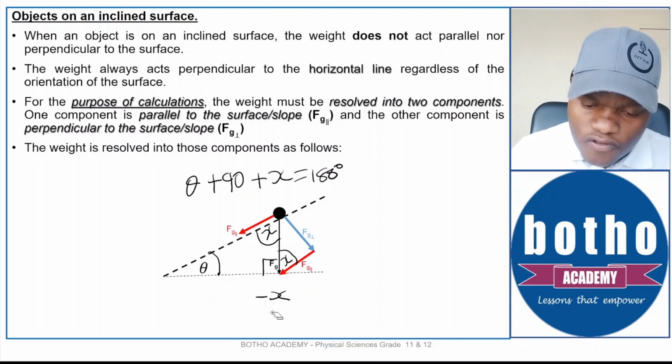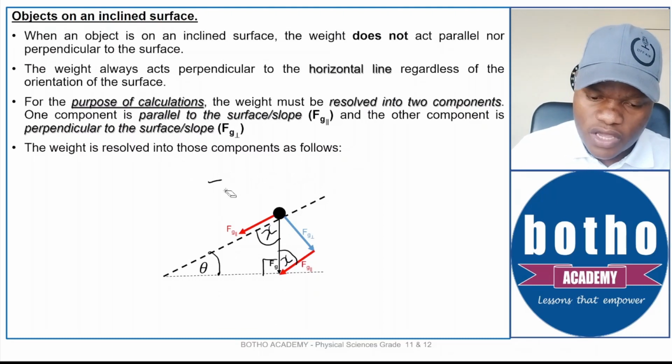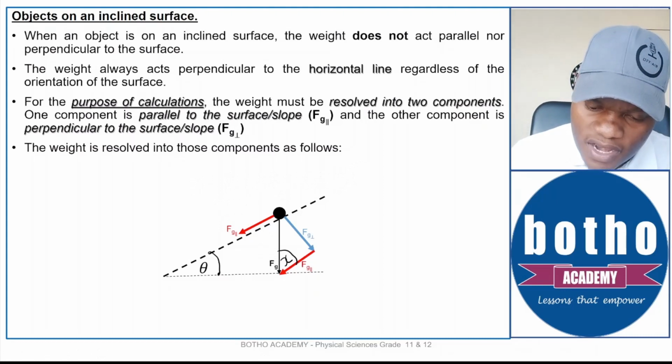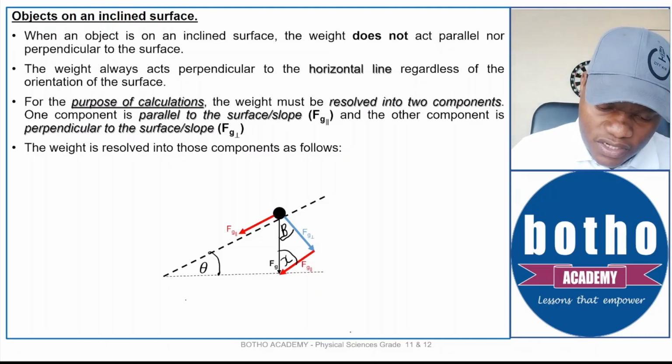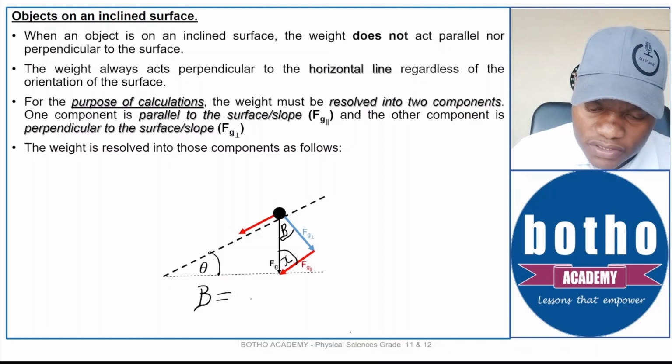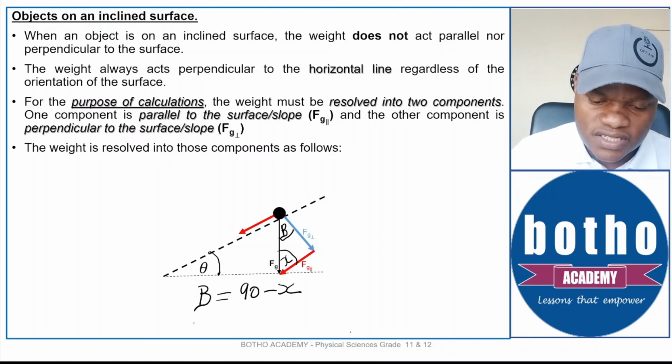Now if you move to the second triangle, which is the one that we are working with, let me just clear all of this. Now we still have an angle here. Let's just call it angle beta. If you look at that, beta is equal to 90 minus x, which is the same as theta.